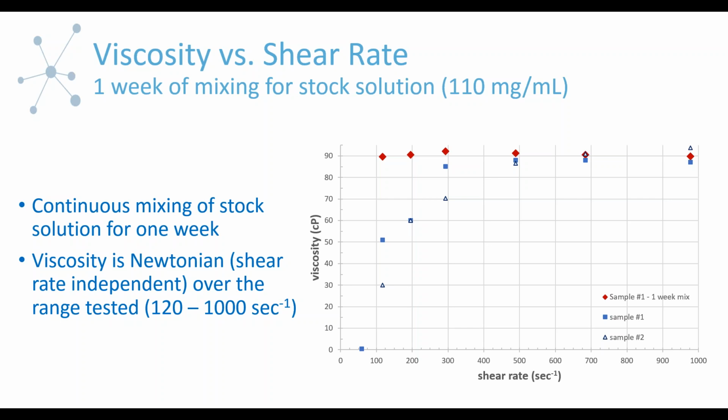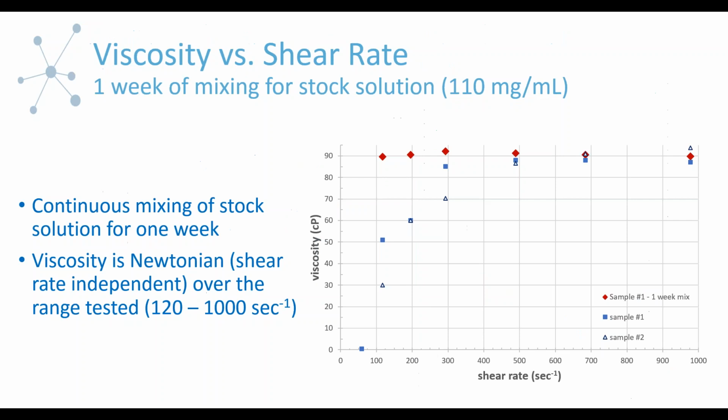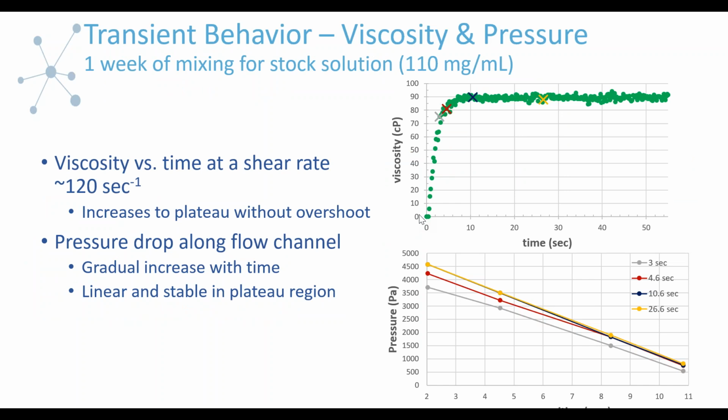Again, remembering that we have a lot more information than just this average viscosity value as a function of shear rate, we pull out the transient behavior. I didn't mark it clearly in this instance, but we're looking at the same shear rate that we looked at for the initial, shorter mixing sample, so this is at 120 inverse seconds.